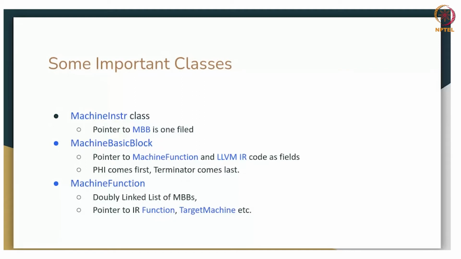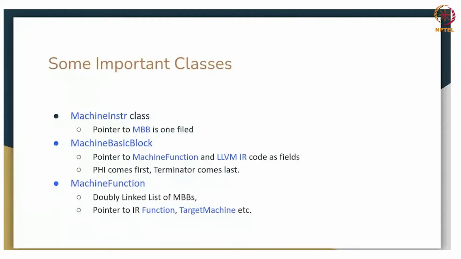There is a pointer to the machine function. PHI comes as the first instruction, and terminator instructions like branch or return instructions come as the last instruction in the machine basic block. The machine function stores the machine basic blocks as a doubly linked list.